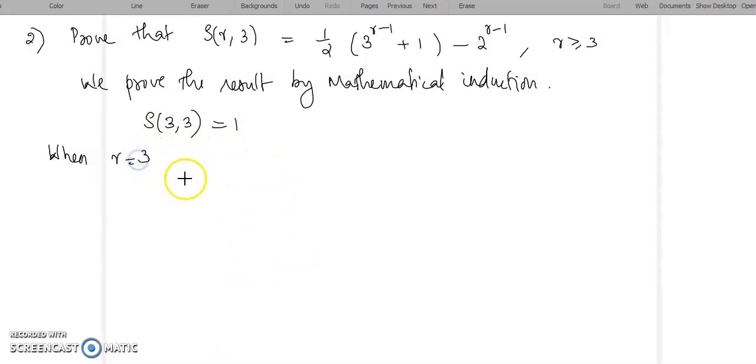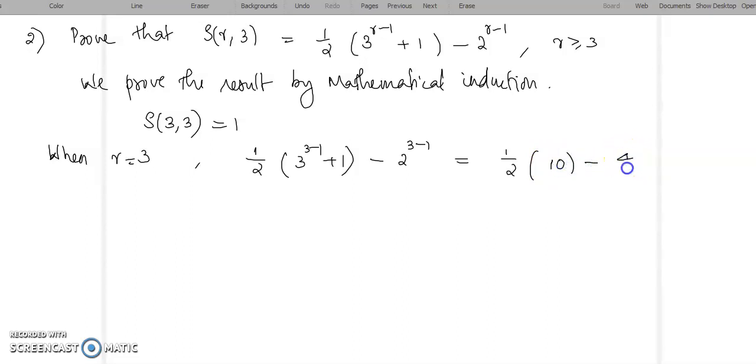So when r is equal to 3, 1 by 2 times (3 raised to 3 minus 1 plus 1 minus 2 raised to 3 minus 1) will be equal to 1 by 2 times (10 minus 4).